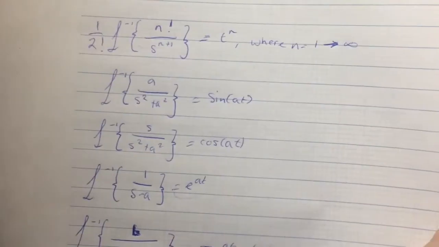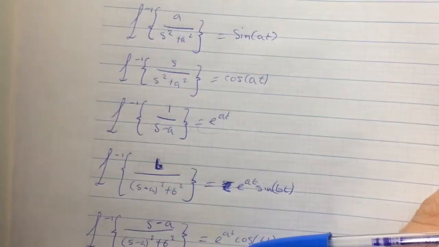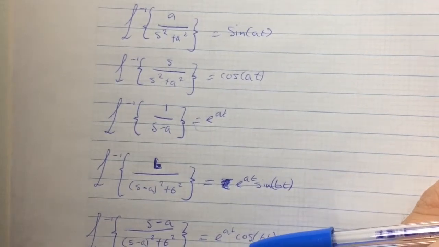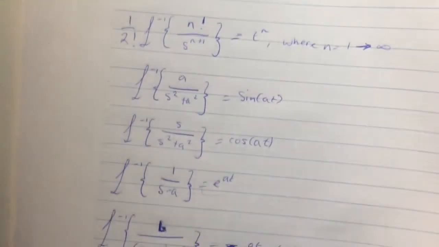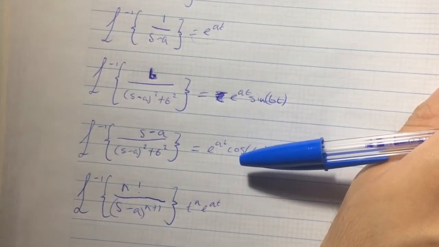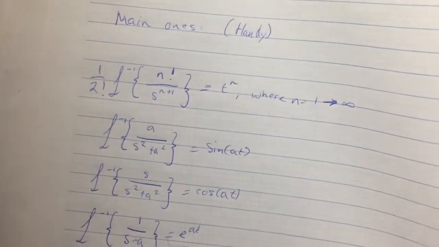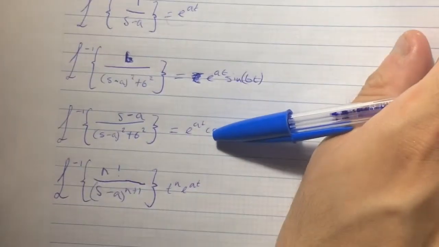So I believe that you should memorize at least 80% of these. I know that's just a number I pulled out of the rear end, but if you could memorize all of these and actually understand what you're doing, which means you've probably done a lot of inverse Laplace transform examples, then that's fantastic. But if you can memorize at least most of these and forget maybe 1 or 2, then you're on the right track.